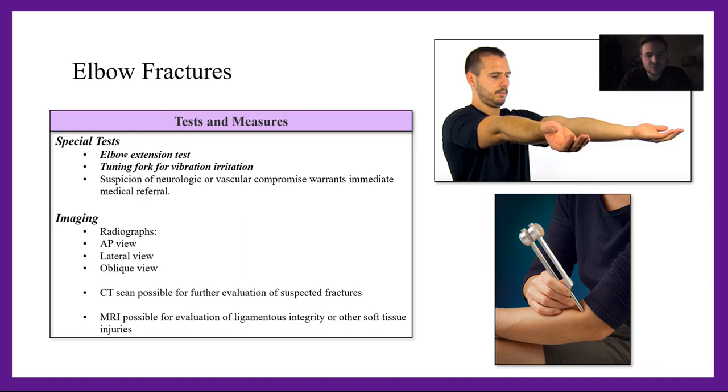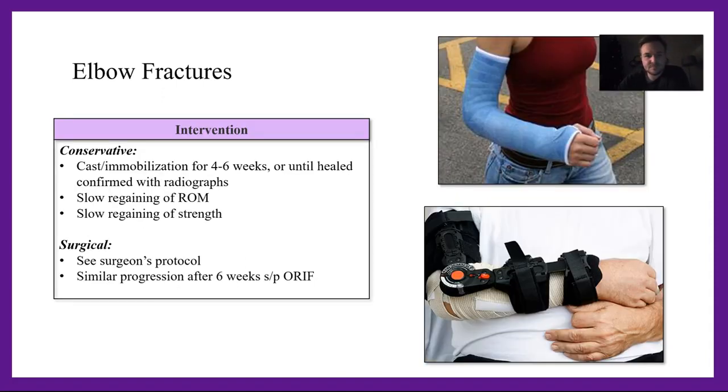So you could do tuning fork again, but really you want to do tests and measures that look for neurologic or vascular compromise as well. And then the big one is you refer them to the ER for imaging and further workup.